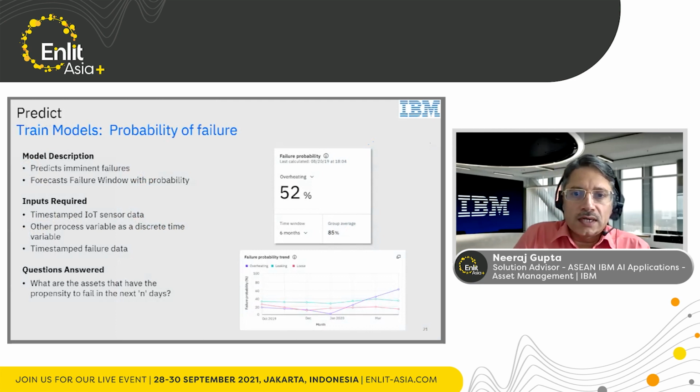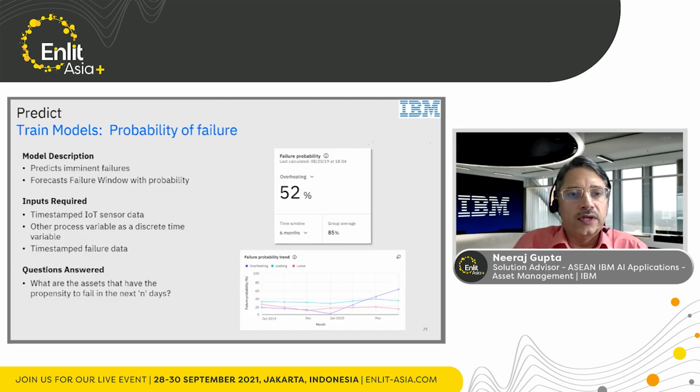I'll go one by one through those 5 models that we provide. In Maximo Predict, one of the models talks about the probability of failure. It predicts that this particular asset has a chance of failure in the next 2 months or 6 months. So it tells what is the probability of failure of this asset.